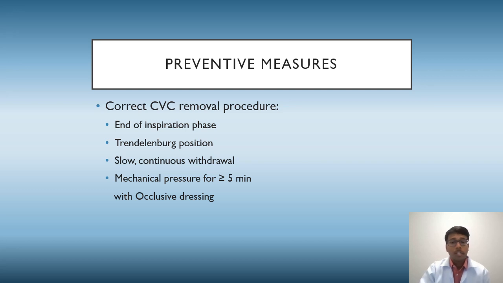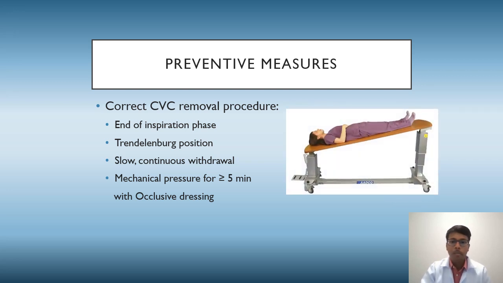So the preventive measures. The case of the patient which led to the disastrous events is the improper technique of the CVC removal. So to prevent this cerebral air embolism, a correct CVC removal procedure should be practiced, which is the patient should be in the end of the inspiration phase and should be placed in the Trendelenburg position where the legs will be tilted up.